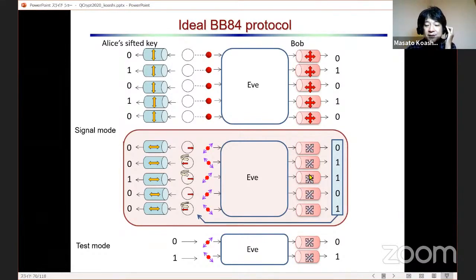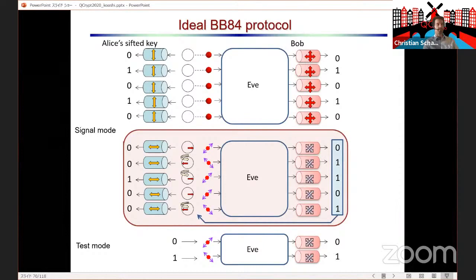That control operation does this rotation, and at the same time, the qubit left by Bob becomes the tag. If you measure that qubit on a z basis, that gives you information about whether a bit error occurred or not. So by doing this, you can analyze the security of the 6-state protocol in this framework. Okay, thank you.